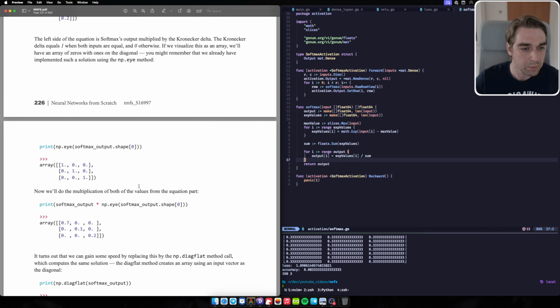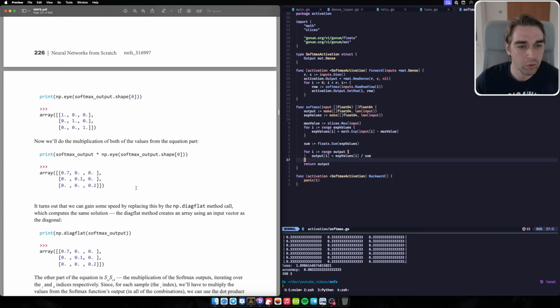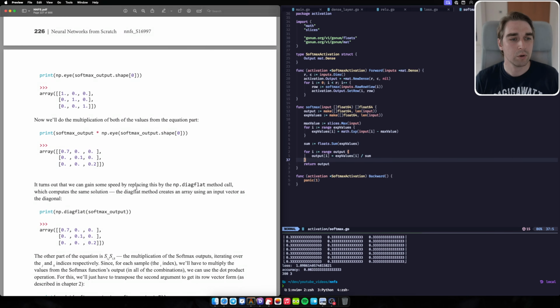Now we will do the multiplication of both of the values from the equation part. So we're multiplying the softmax output with those values. Basically we're taking one row and multiplying it for every row in this diagonal matrix.